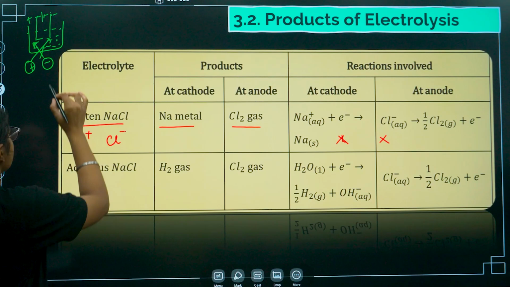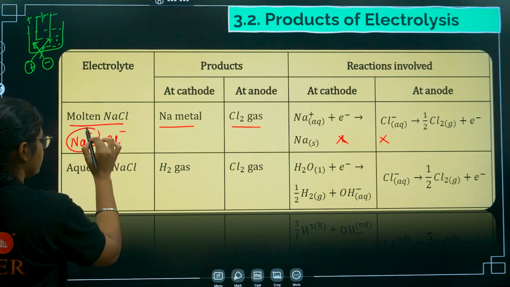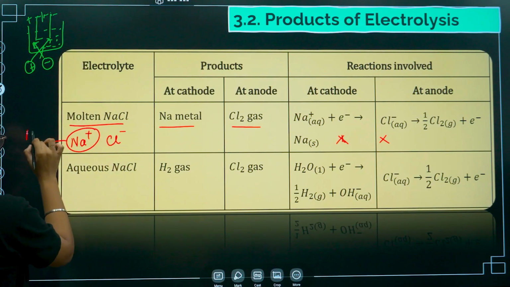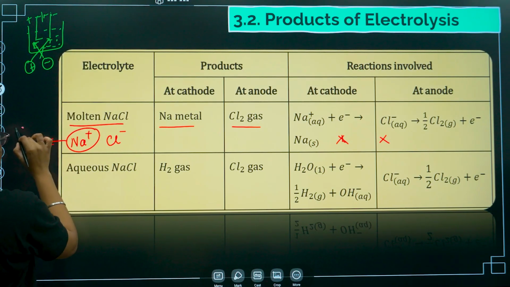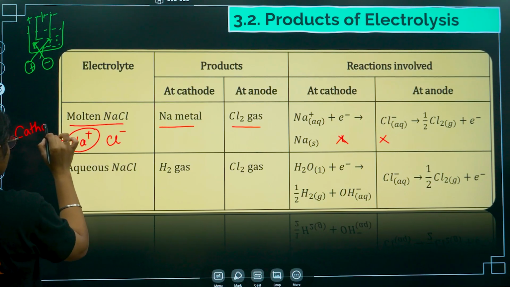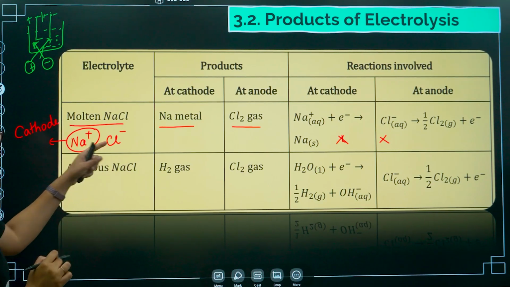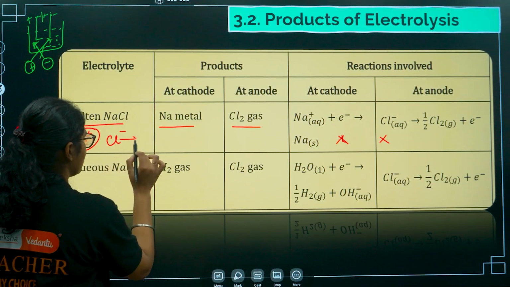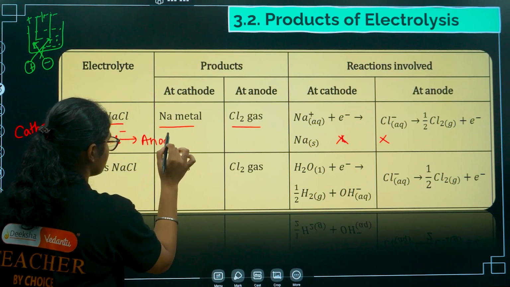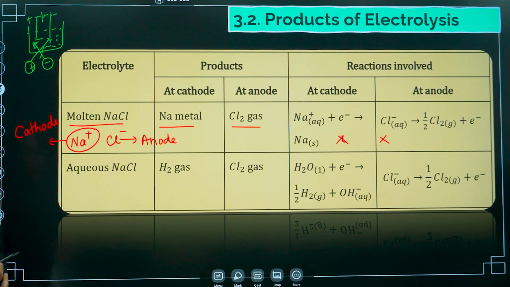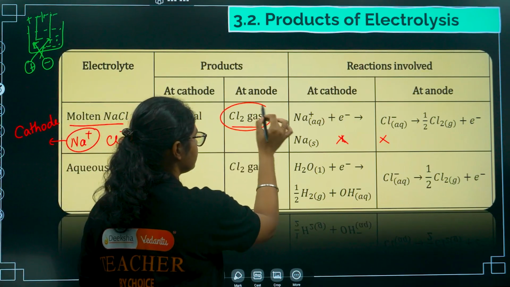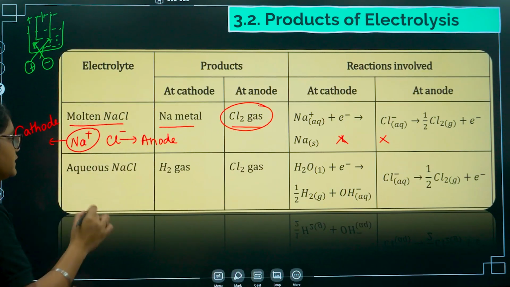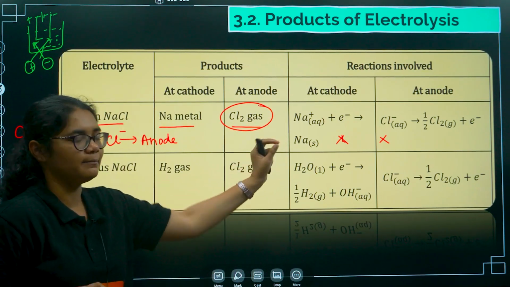Na plus will move towards, sorry, it is positively charged, so it will move towards the negative electrode, the cathode. And this Cl minus will move towards the anode. At anode, what will happen? It will undergo oxidation and will form chlorine gas. And Na plus will undergo reduction and will form sodium metal.